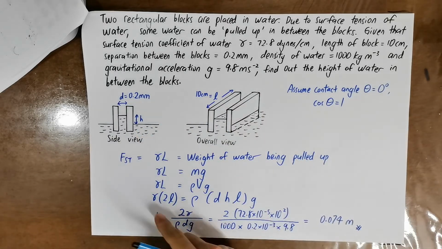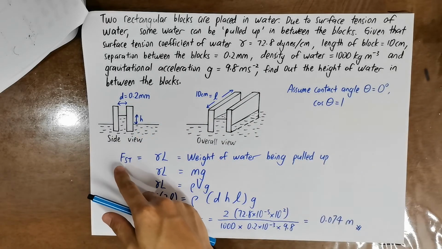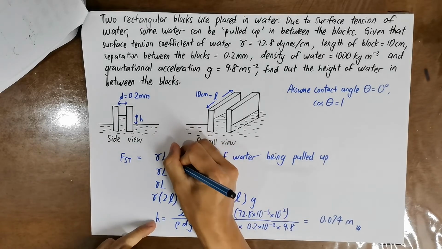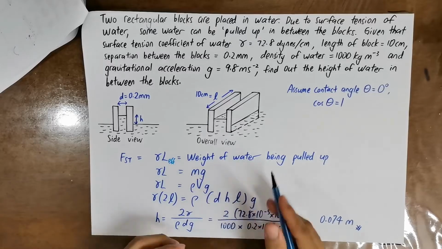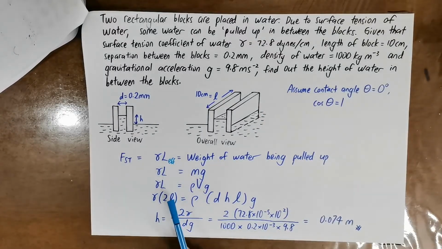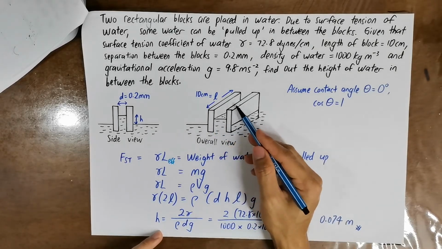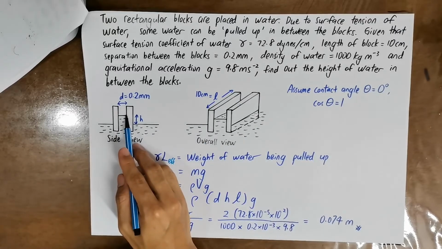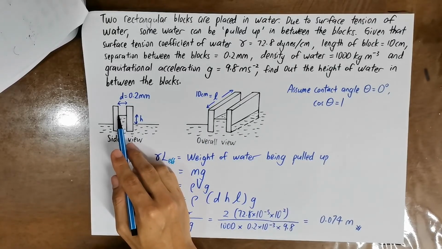So once again, you use the formula: surface tension force equals gamma times the effective length, which is equal to the weight of water being pulled out, okay? So the effective length is what? It is 2L, okay? The length here, and also the length here, okay?